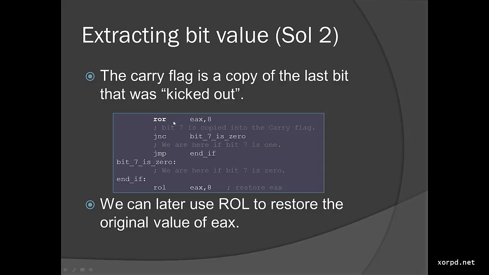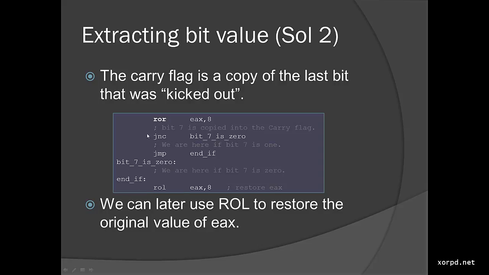For example, we can rotate right EAX by 8 positions, and then jump only if there is no carry, which means that bit 7 was 0. If bit 7 was 0, we get here, and if it was 1, we are here.